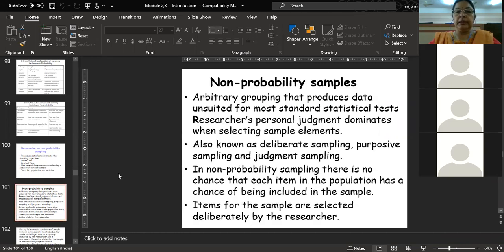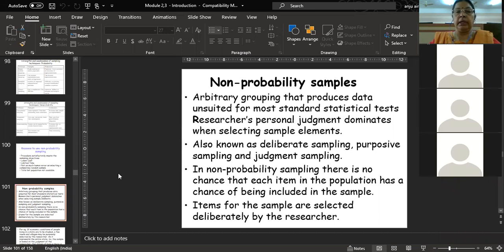So non-probability sampling technique is an arbitrary sampling technique where the researcher will decide how the sample has to be taken from the population. So you cannot do statistical tests on such a sample, because the sample is not taken on the basis of any technique or any statistical way.